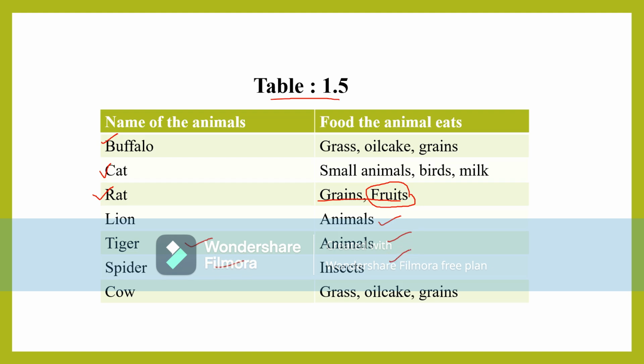It will be in the house at the corner. If you don't keep the things neat, the spider will come. Spider eats insects. And the cow, as you all know, is a very soft animal, and it eats grass, oil cake, and grains.